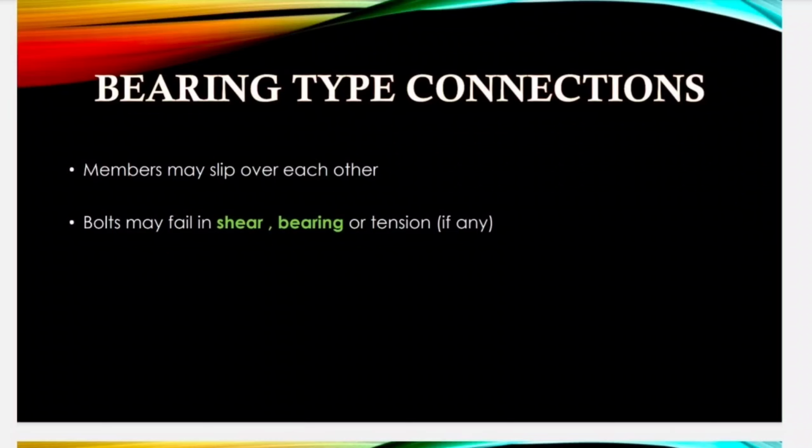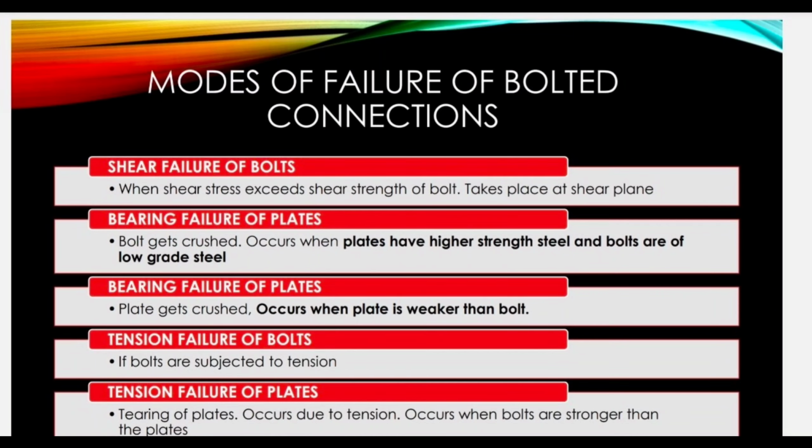The modes of failure of bolted connections are: shear failure of bolts, bearing failure of plates, and tension failure of plates, for example if the bolts are subject to tension. Tearing of plates occurs due to tension when the bolts are stronger than the plate.